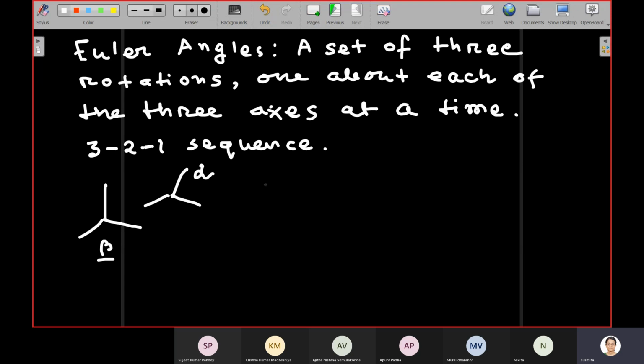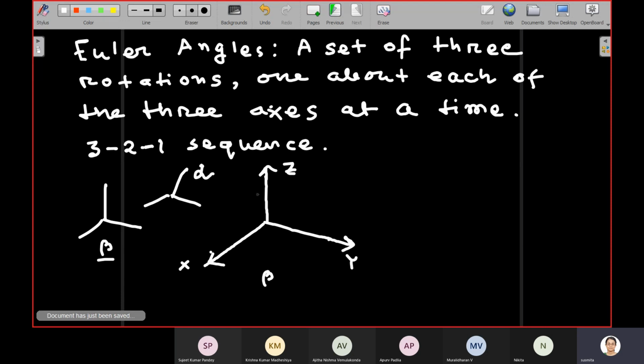Since we are following the 3-2-1 sequence, I'll give the rotations accordingly. So let's call this the XYZ axes of the beta frame. In the 3-2-1 sequence, we first apply the rotation about the Z axis. This rotation is called yaw rotation.